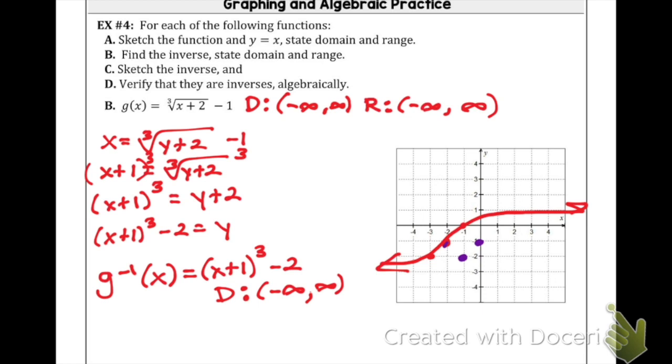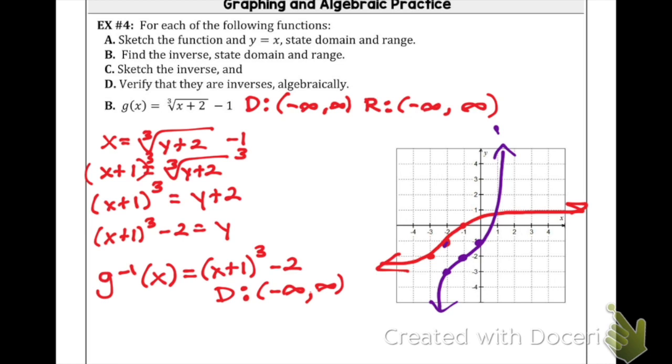Negative 3, negative 2 would go to, did I already do that one? Negative 2, negative 3. There we go. So it's going to look something like this. Where, I guess, 1, 6. So maybe a little bit steeper.